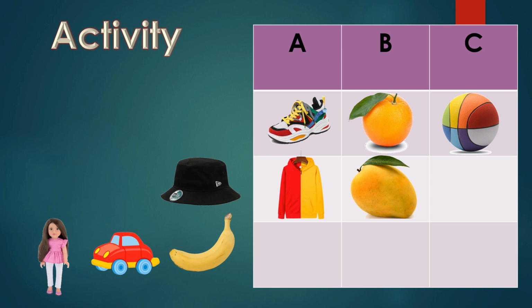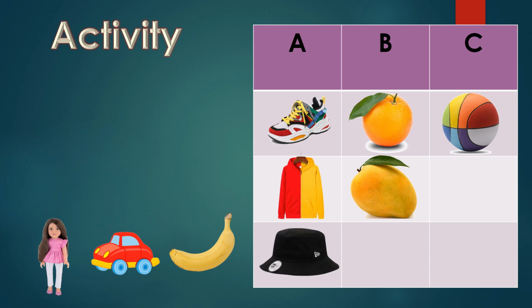The mango goes to column B together with orange. Can you give the reason why? If your answer is because they are both fruits, you are correct. The cap goes under column A. How about the doll? Yes, we put the doll under column C together with the ball because they are both toys.